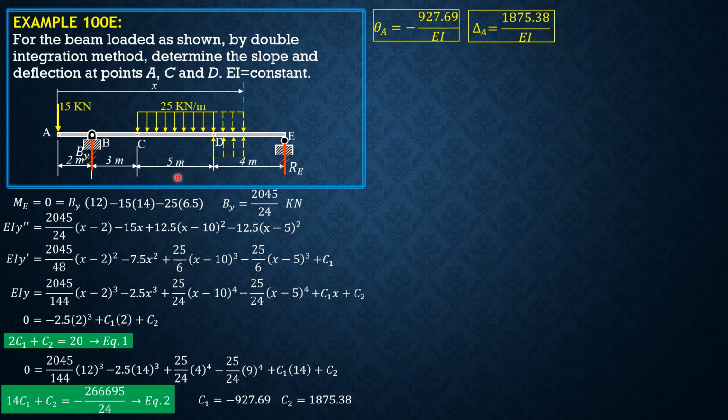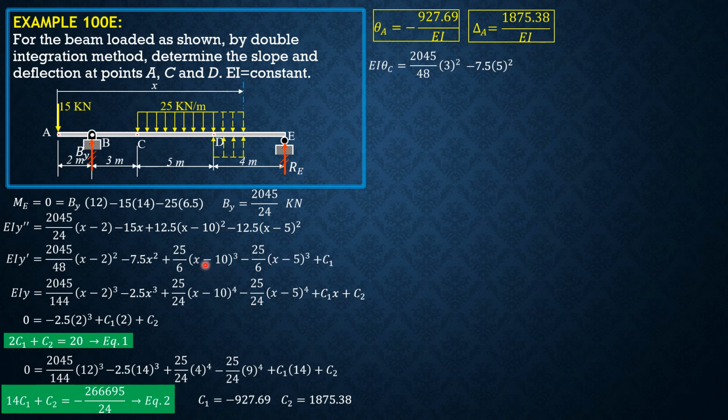Then we set x to 5 to solve for the slope and deflection at C. So into this equation, EI theta C is equal to 2045 over 48 times 3 squared, because 5 minus 2 is 3, minus 7.5 times 5 squared.